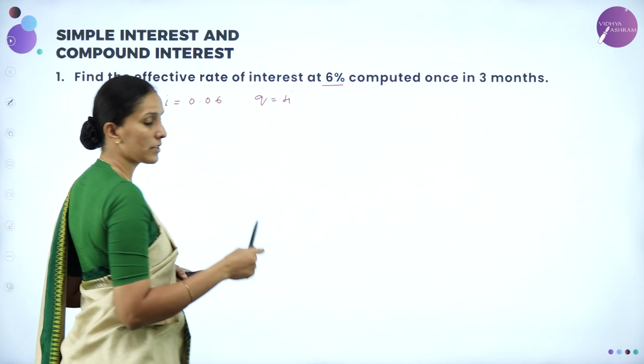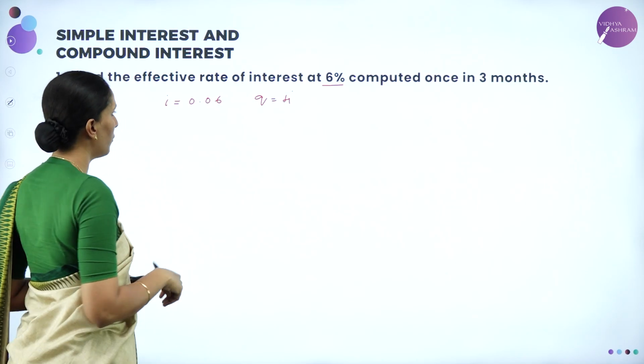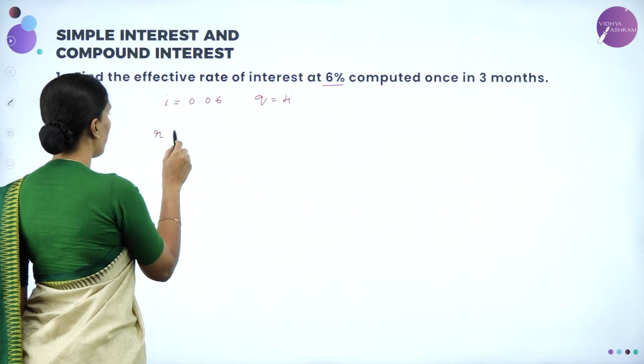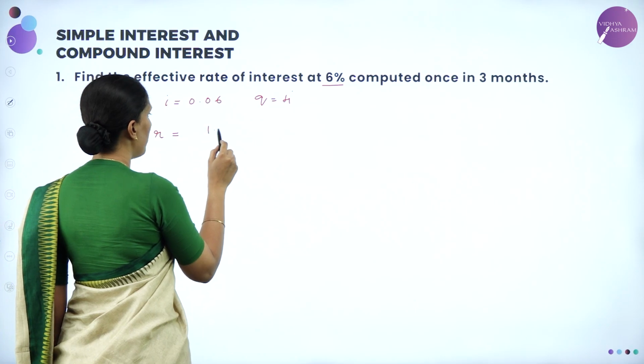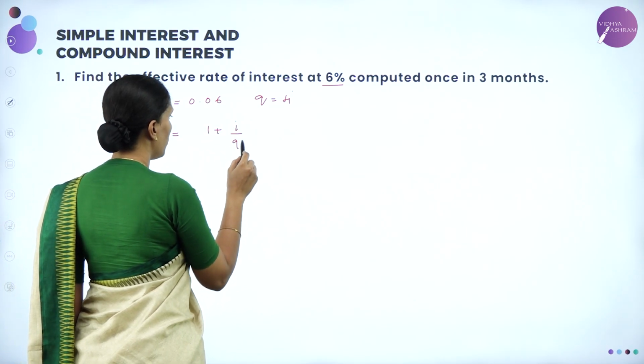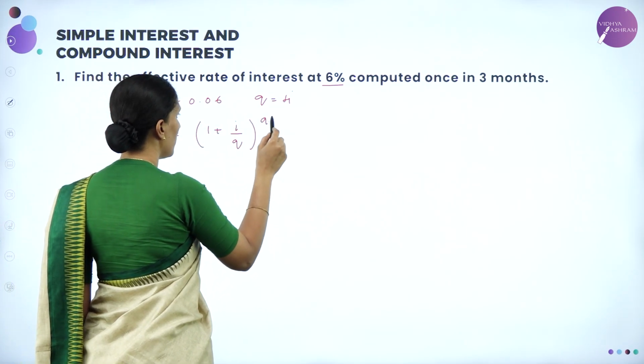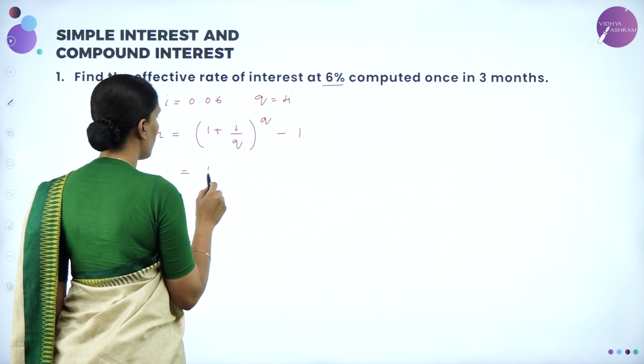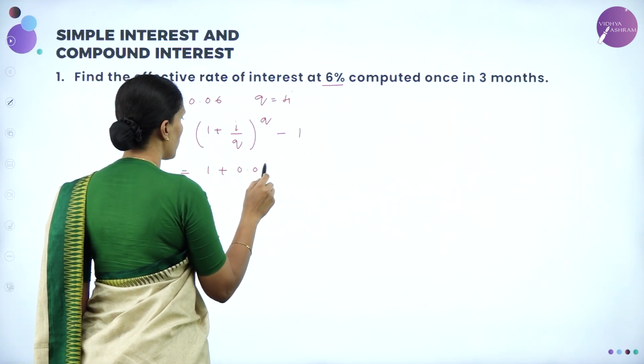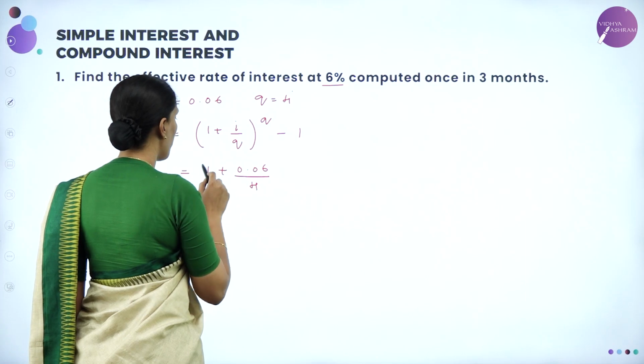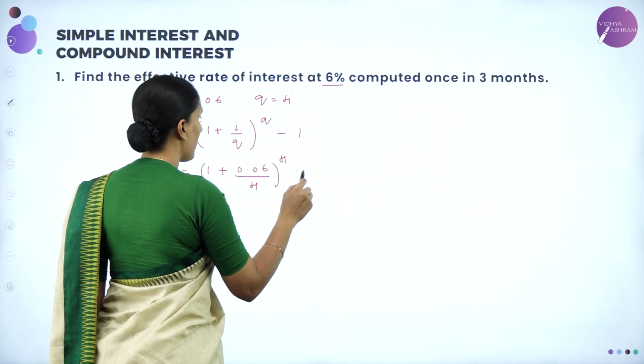Therefore the effective rate of interest is given by 1 plus I divided by Q, whole to the power Q, minus 1. So that is 1 plus 0.06 divided by 4, whole to the power 4, minus 1.